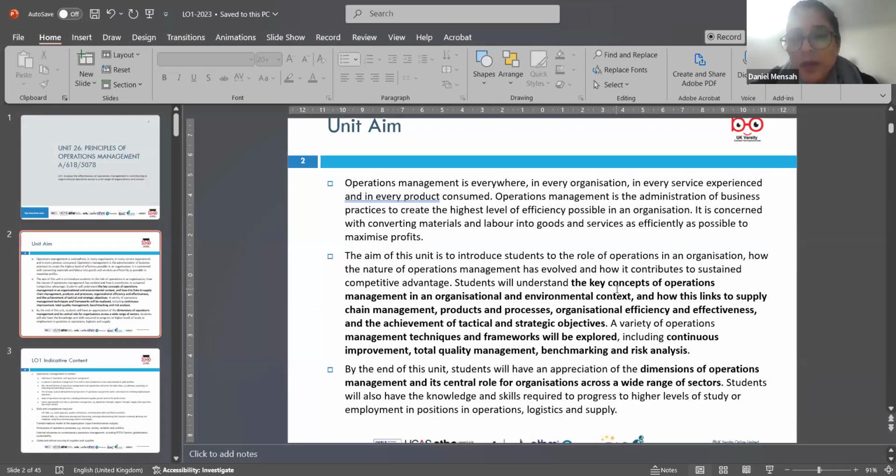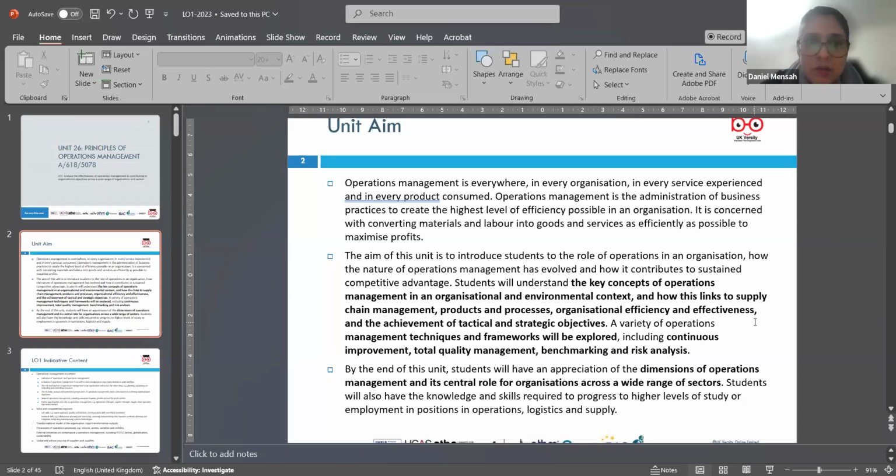In this unit, you will be covering some key concepts of operation management within the organization and external environment, and then you will learn how you can link these operations with supply chain management, products and processes, and we will see how it can help to gain organizational efficiency and effectiveness, and then ultimately how it will help the business to achieve the tactical and strategic goals of the business.